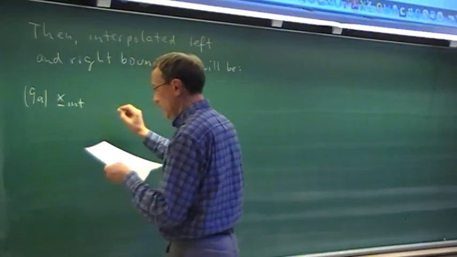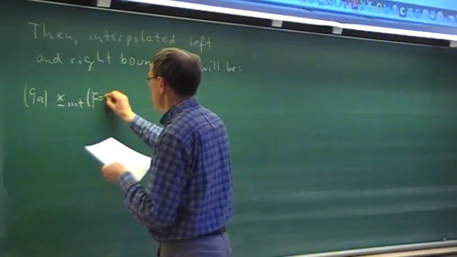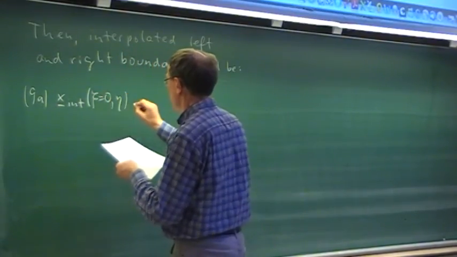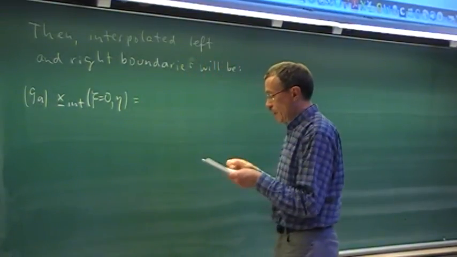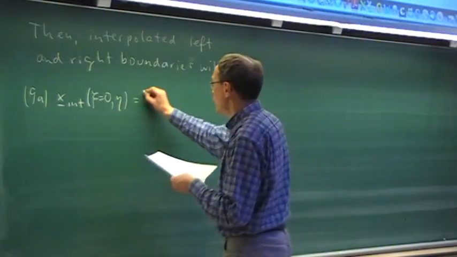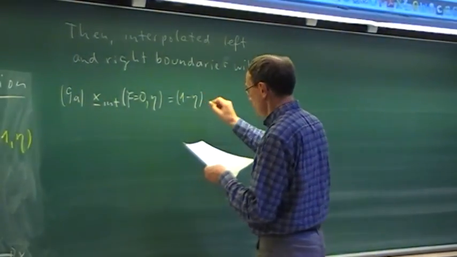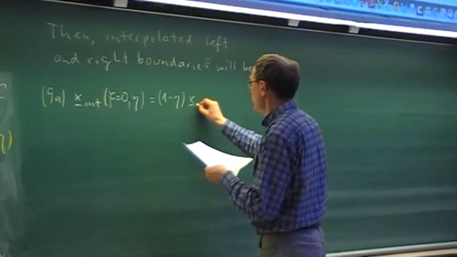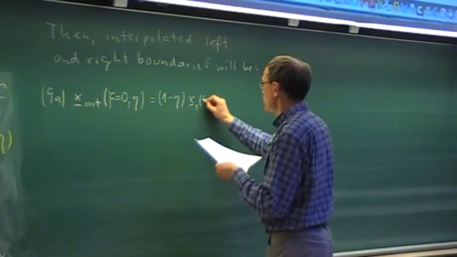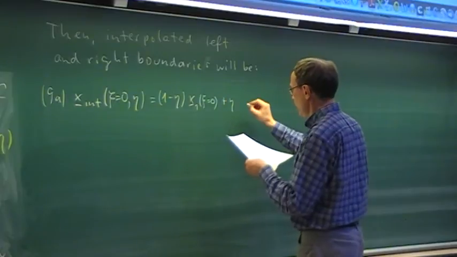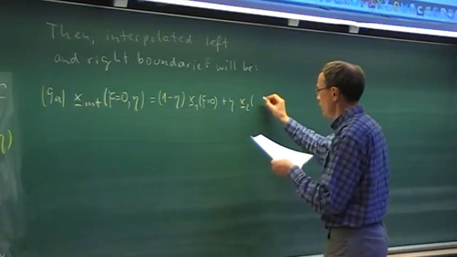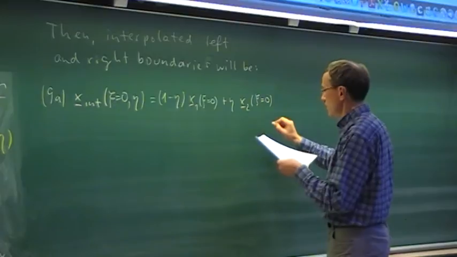First, the left boundary that we have there, we have already plotted it. That is for psi equal to 0, and that is function eta. And then we write what we did. We have then 1 minus eta, then we have the x1 for psi equal to 0 plus eta x2 for psi equal to 0.